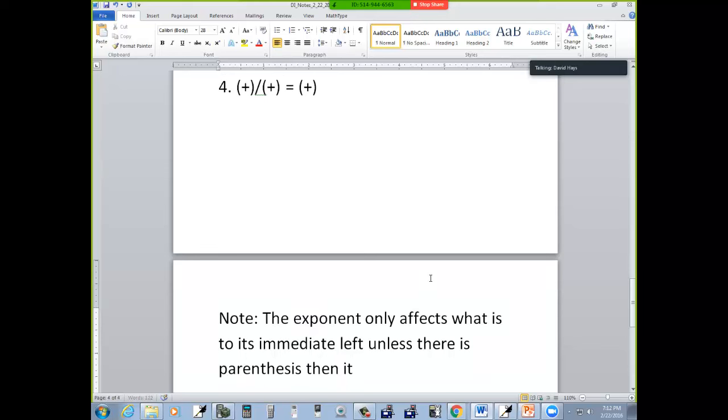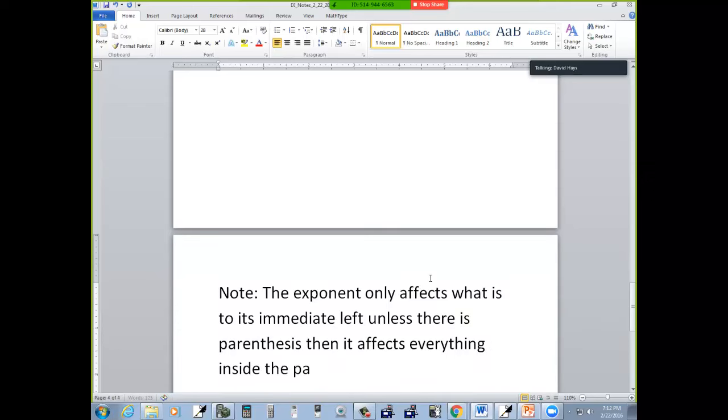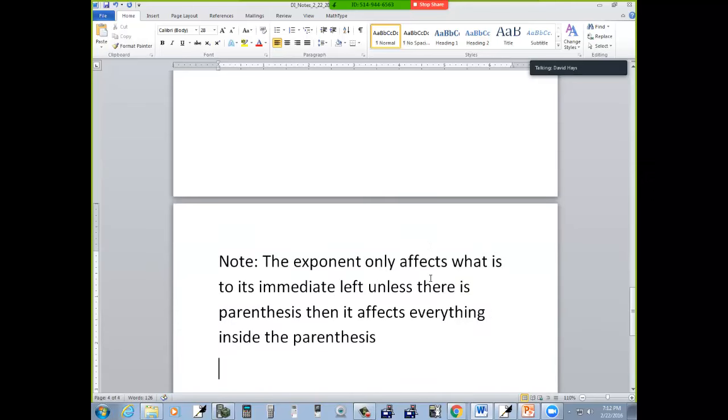Then it affects everything inside the parentheses. So the exponent only affects what is to its immediate left unless there's parentheses, and affects everything inside the parentheses.